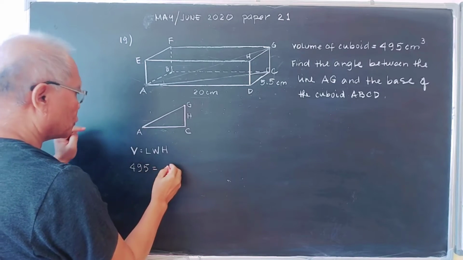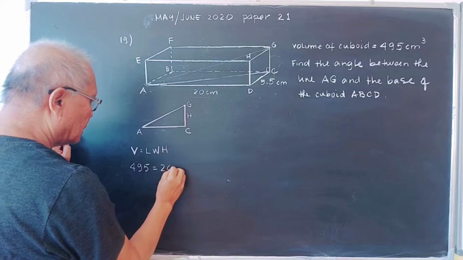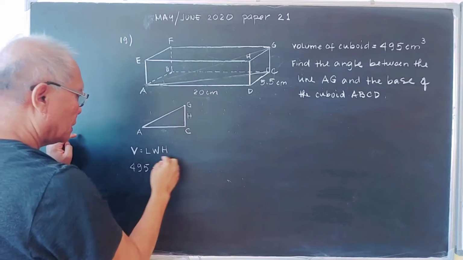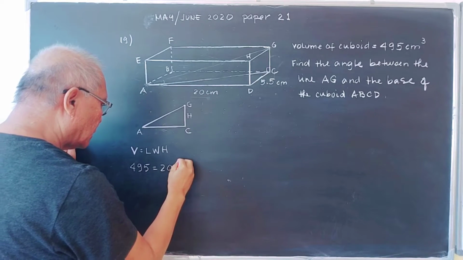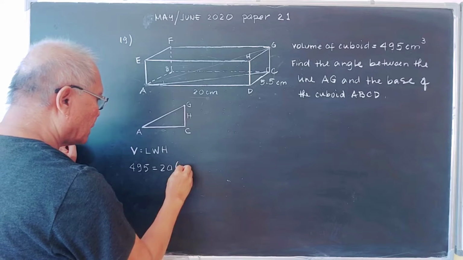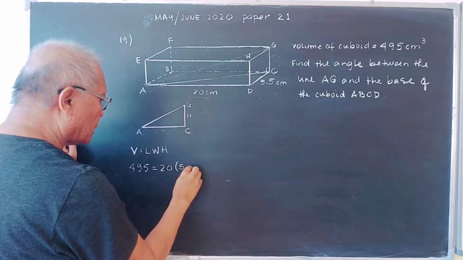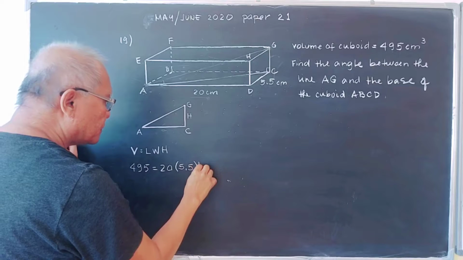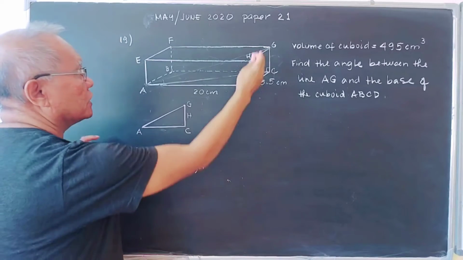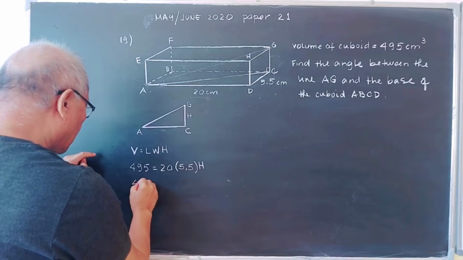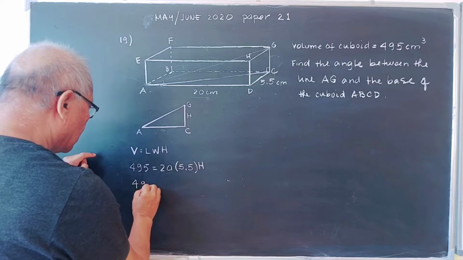495 is equal to 20 centimeters times the width, 5.5, times the height GC.